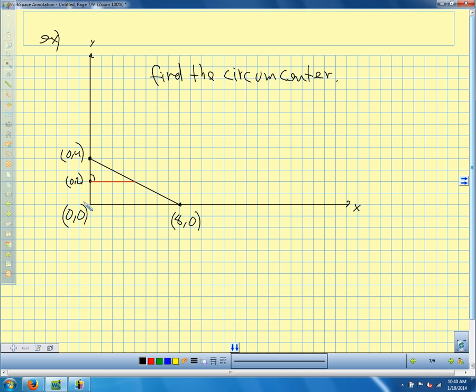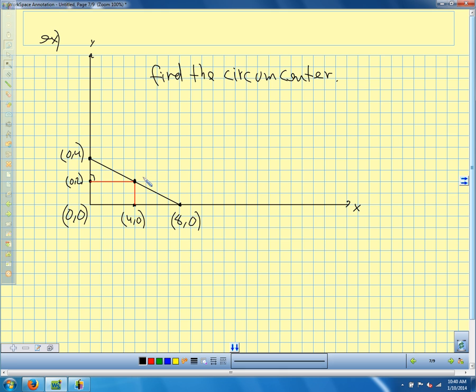What point is halfway between 0, 0 and 8, 0? 4, 0. And which direction do I go to be perpendicular to the x-axis? Straight up. There's my circumcenter where those two lines meet, right on the hypotenuse of that triangle.